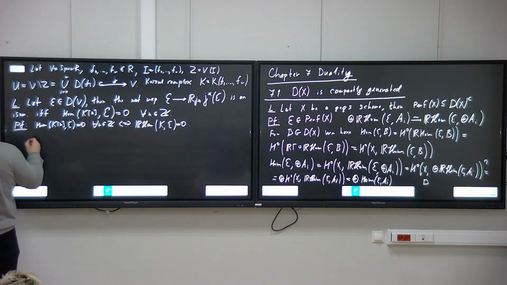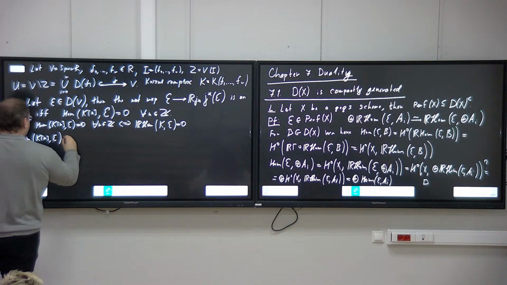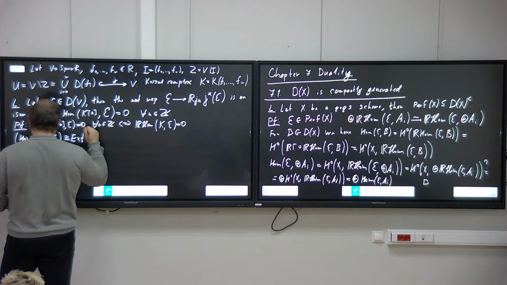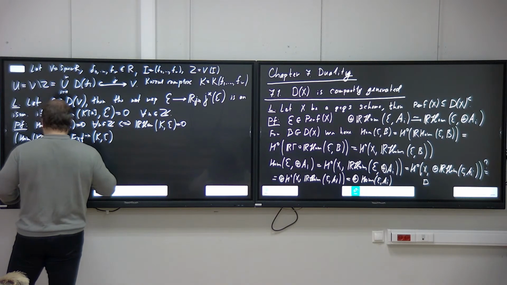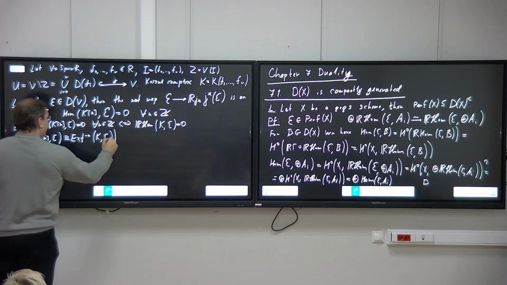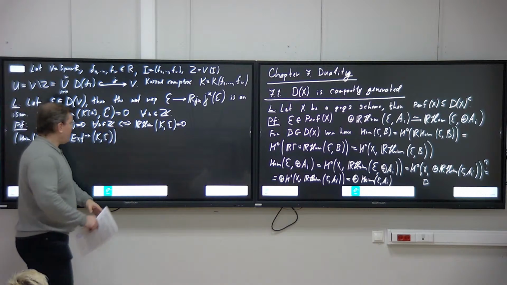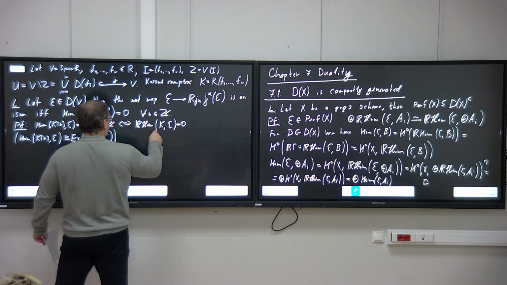Well, a simple explanation: if you look at the Hom from the Koszul complex shifted by n to E, you can identify this with the Ext with index minus n from K to E. Since this is for any n, all the Ext are 0, but this is the same as saying that RHom is quasi-isomorphic to 0. Shouldn't this RHom be not the sheaf but a, in the middle, so strict H? Here? Yeah. Sorry, yeah, this is the global complex. Global.